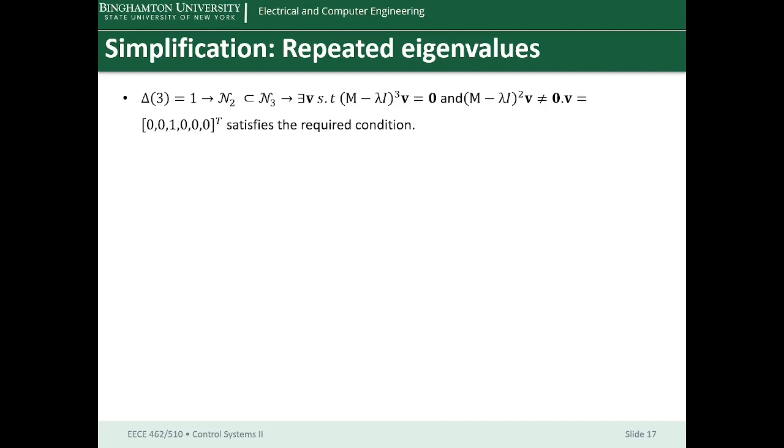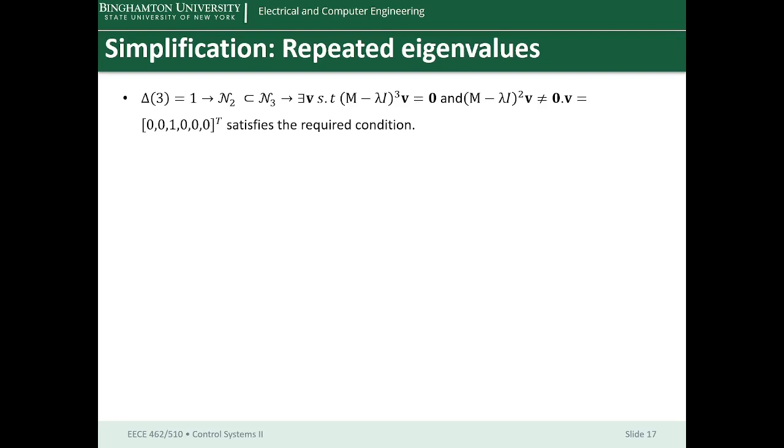This tells us that there must exist at least one vector that belongs to N3 but not to N2. That is an important observation, because any vector that lies in N3 but not in N2 is by definition a generalized eigenvector of grade 3. So we just need to find one such vector.